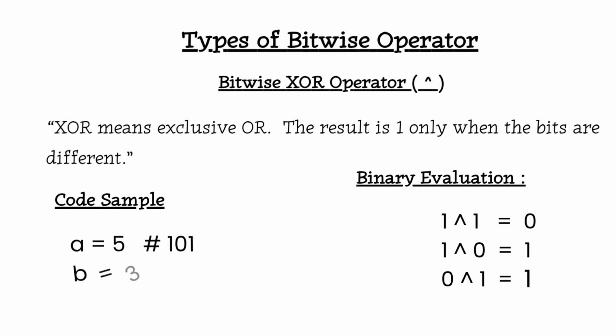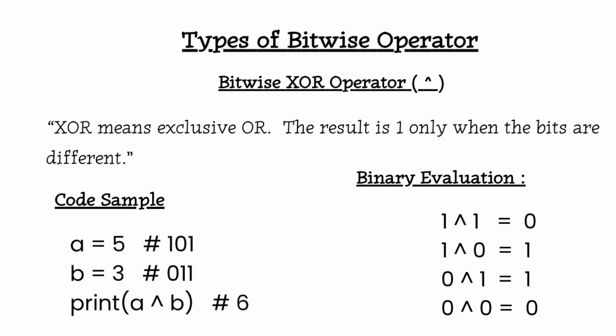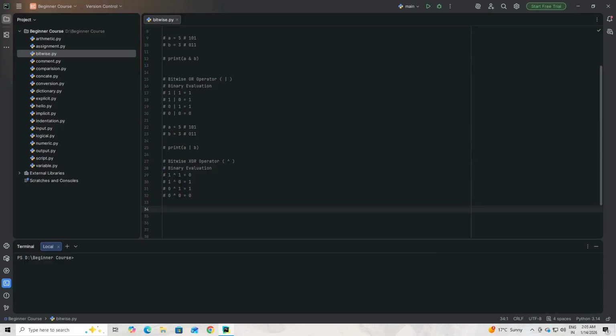If the bits are different, then the result is always 1. If the bits are the same, then the result will always be 0. For the same, I have shown a small code snippet on the screen. For the detailed evaluation, I will explain it in a later video with a practical example. Let's right now talk about the bitwise third operator, that is the bitwise XOR operator.